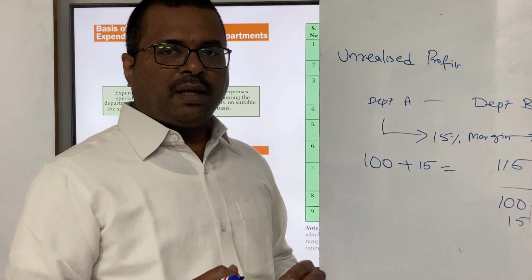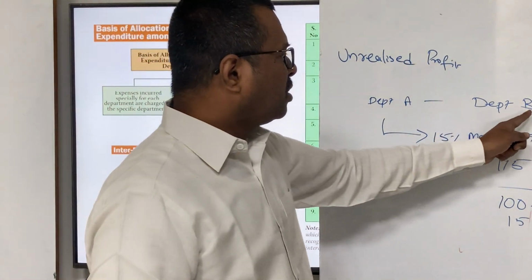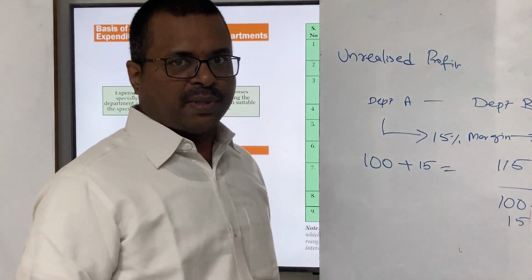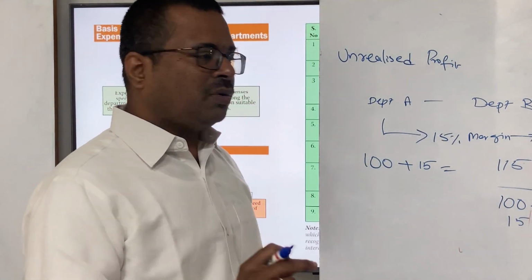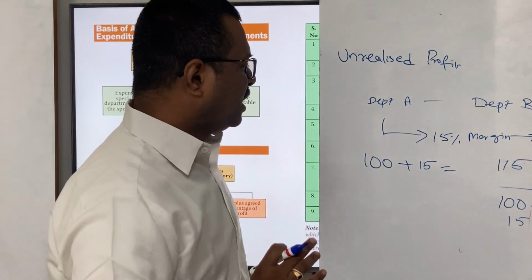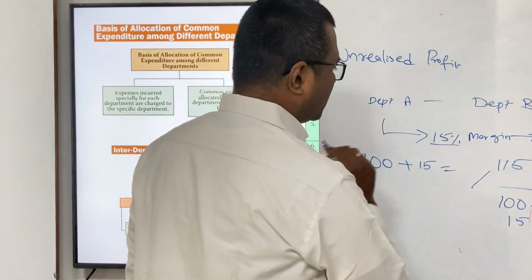Suppose in a given problem, they say 15% is the margin and closing stock at department B is 115. How will you arrive at this 15 rupees? In the problem, they may not give you this much clearly that 15 rupees is the profitability element. In that case, what you have to do, you know this figure and you know 15%.